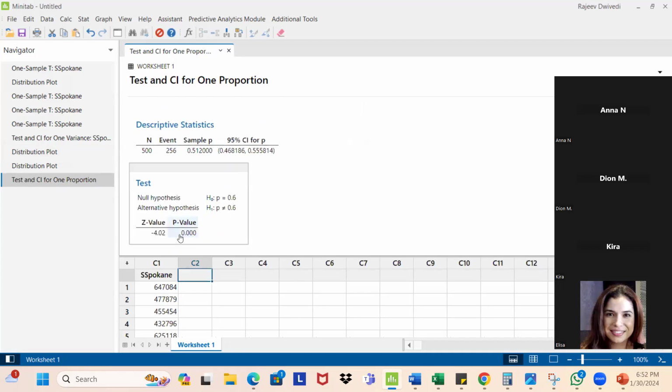Then I get the z value and the p value. What my p value says is that no, 60% is not correct. Of all the students who are coming, their proportion will not be 60% in research universities. So this is the proportion situation. Let's say, Elisa, is it making sense?